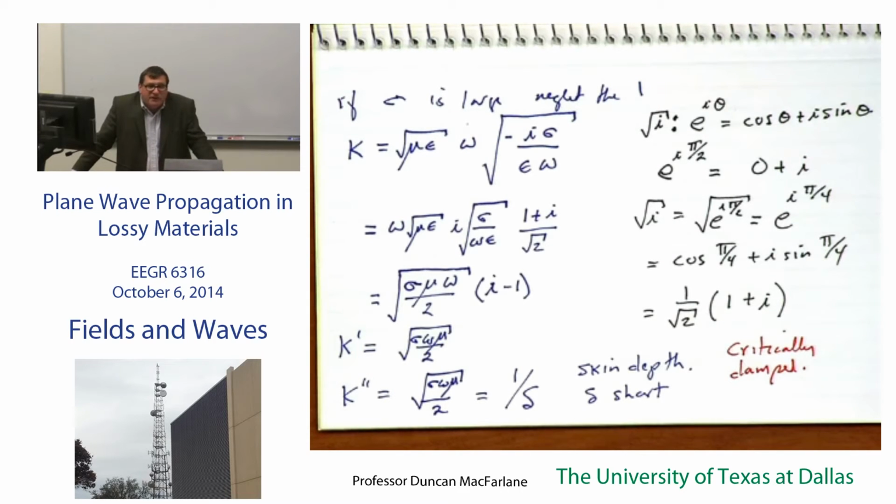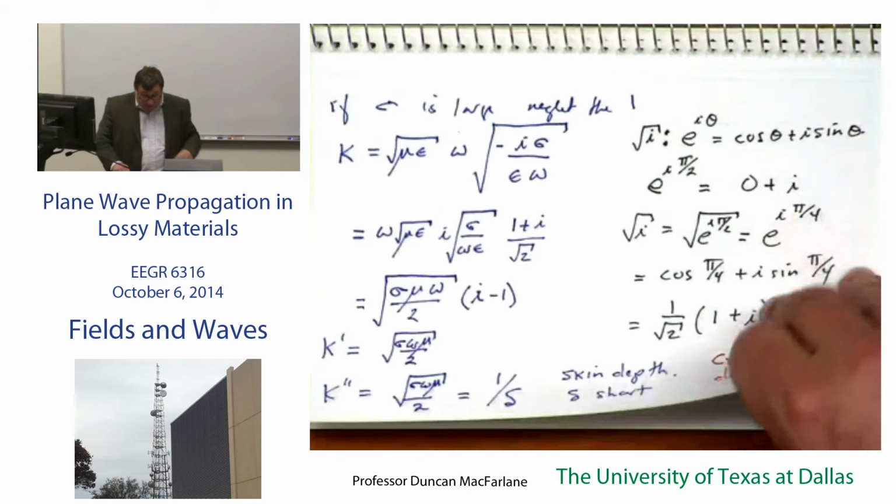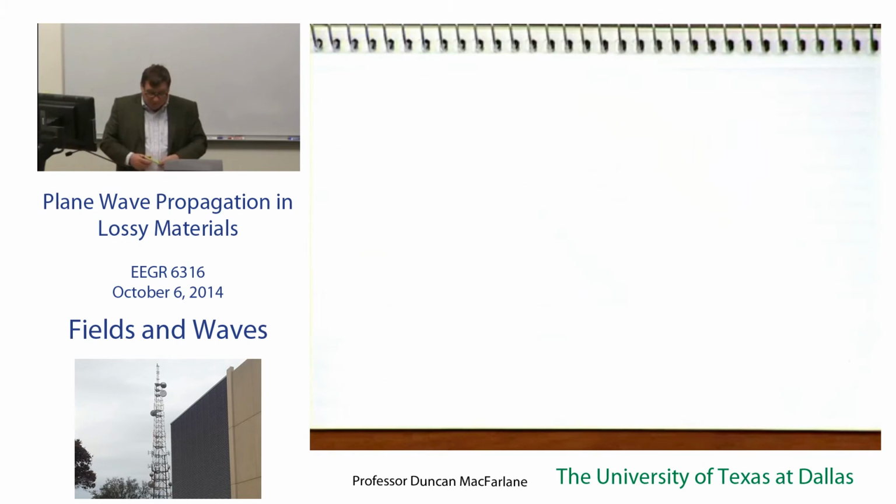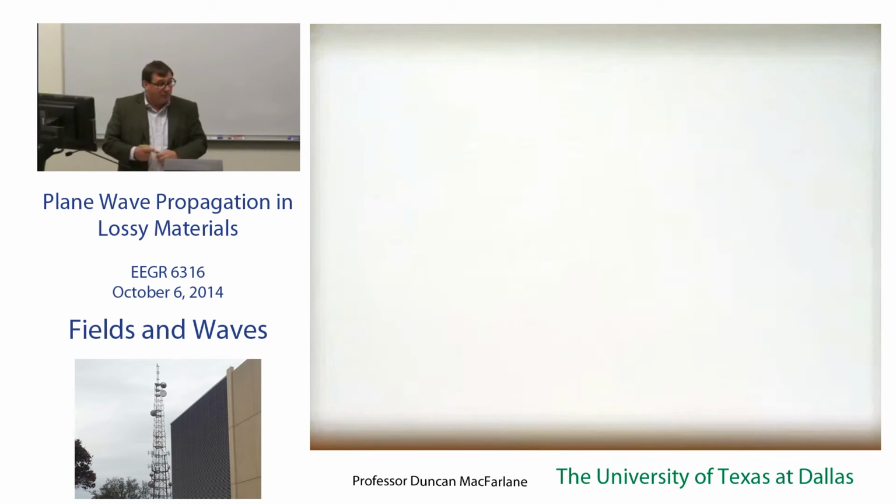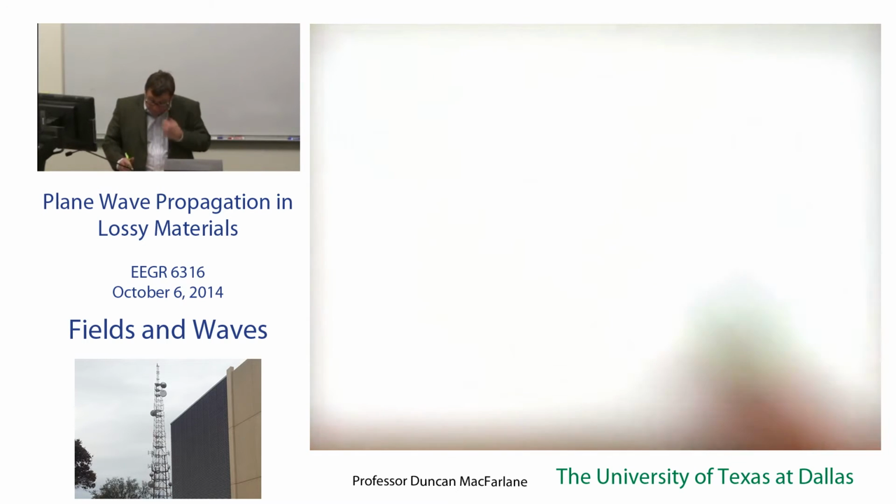So the question has to do with practical engineering board layout. What does a skin depth mean with respect to a requirement on a trace thickness or a metal film thickness? Let me sketch it, and we'll see exactly what we're doing.